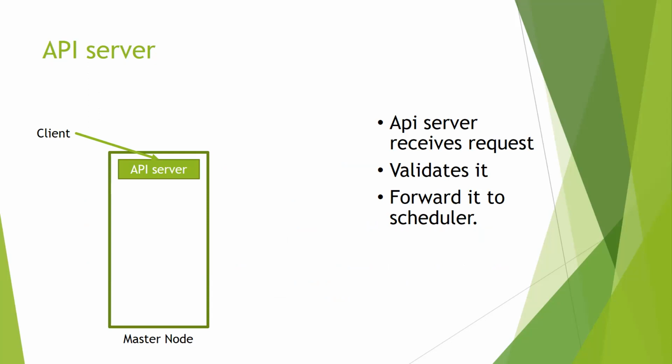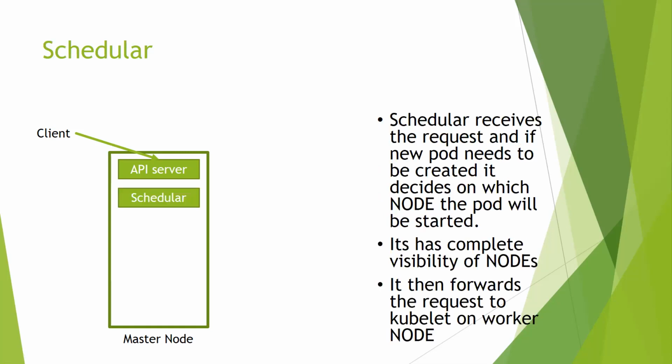So when a new pod is created, the scheduler sees that this pod should be created on the node where the most resources are available. It has the states and resource utilization of, let's say, 3 worker nodes, and the scheduler will forward the request to the kubelet process running on the worker node. It will tell the kubelet of that worker node to just create this pod.